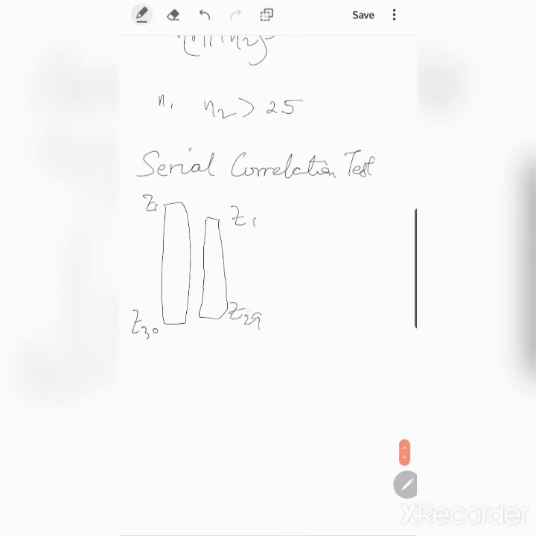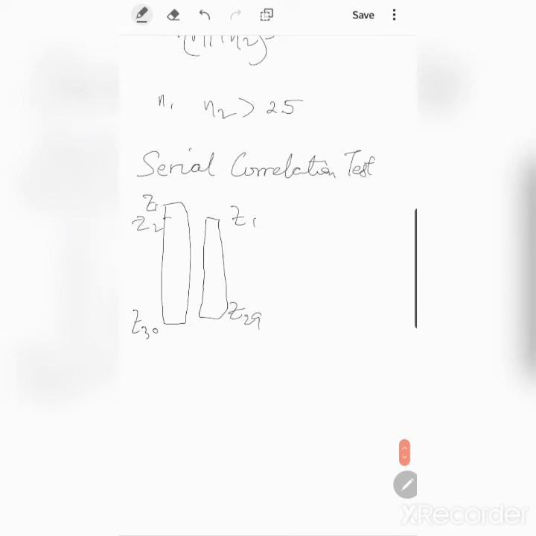So here there's a Z2. So logically I'm trying to do a correlation between Z2 to Z30 versus Z1 to Z29. So this is the correlation I'm trying to do here, right? With a lag. So here I'm doing correlation with lag 1.